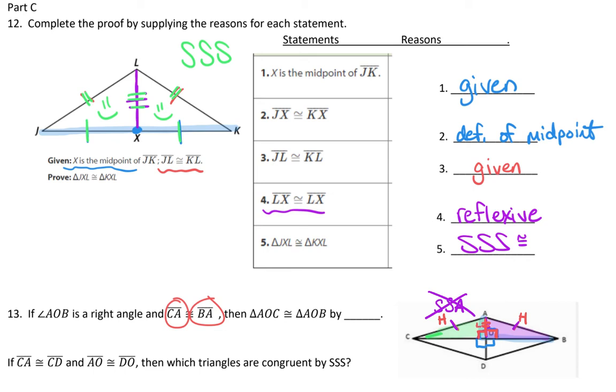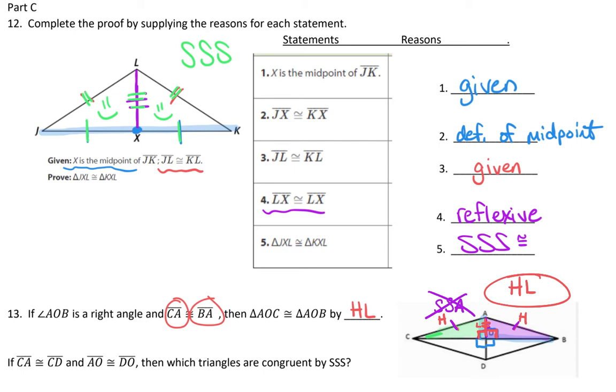So if that's true, then I have a pair of matching hypotenuses and a pair of matching legs. So these two right triangles are congruent by HL. Cool. So at first I thought it was SSA, but those aren't allowed. It's definitely going to be HL, which only works for right triangles.